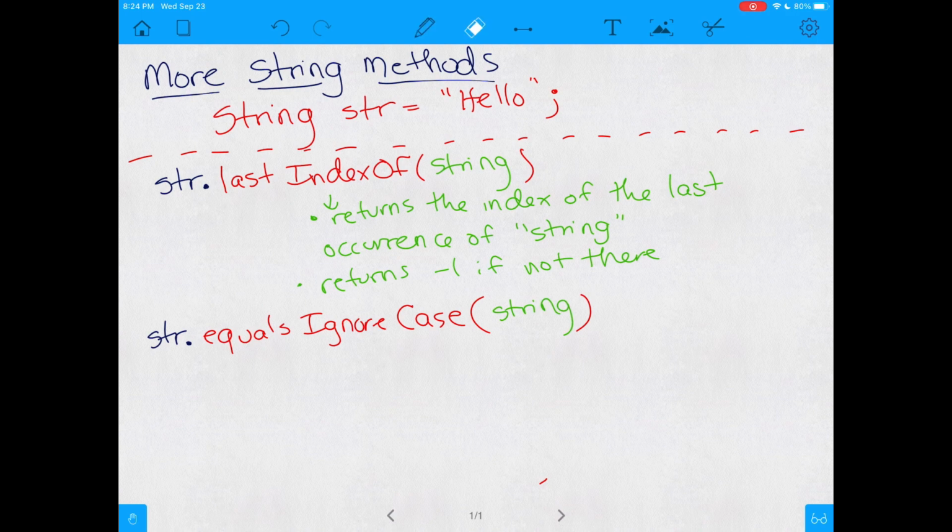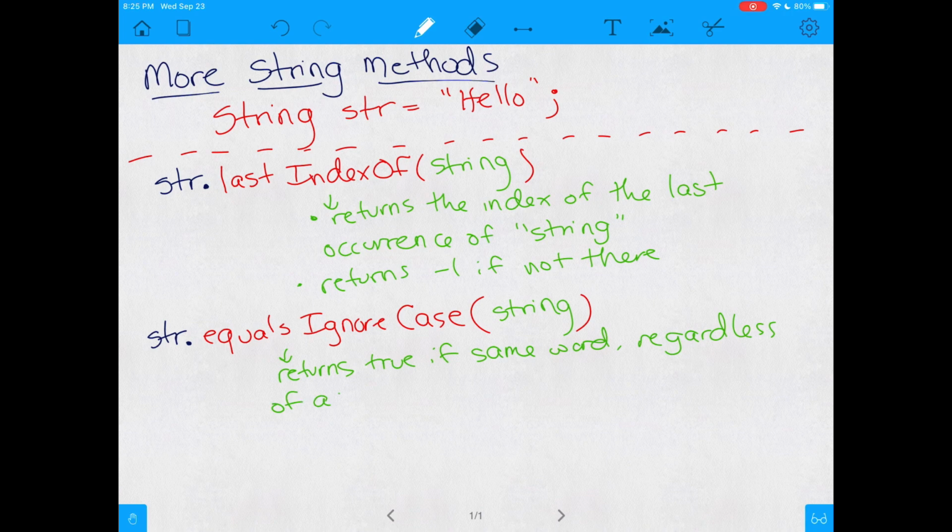And this does, again, exactly what you think it would do. Now, this is a Boolean return. So this returns true if they're the same word, regardless of casing. So meaning that capital versus lowercase here doesn't matter.